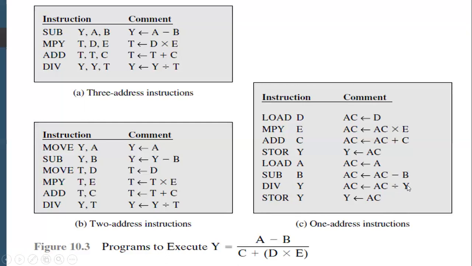After dividing the contents of AC by y, you are going to store the result into AC, and now you have got the result in your AC accumulator register. So we are going to store the result into y, another location.